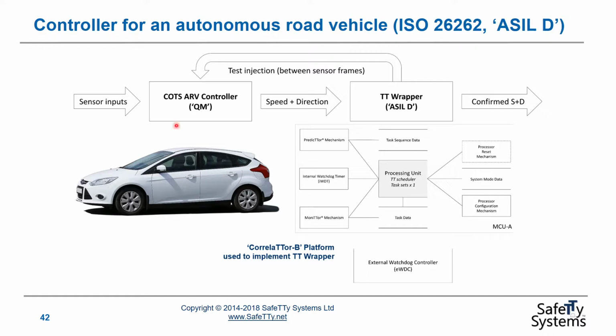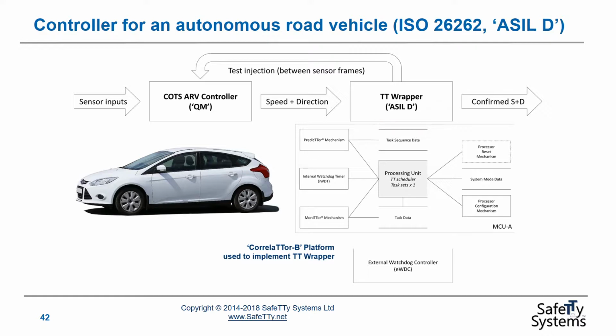But at this point, the ARV controller is not running qualified software and is probably not running on qualified hardware. So we're going to use a TT wrapper again, this time again ASIL D software running on an ASIL D qualified processor platform. This will be a small component here. This software is likely to be complicated. This hardware may well be complicated with multiple cores, etc. This software will be comparatively simple.